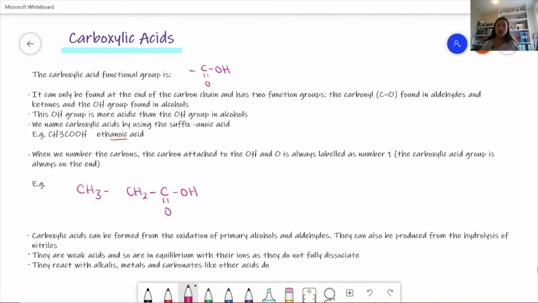If we change this to carbon and then a methyl and a hydrogen, how we would label this would be the carbon with the double bond O and the OH would be carbon number 1 by convention, and that is always number 1. So this would be number 2, number 3, and number 4. So we would name this 3-methyl, because the methyl group is on the third carbon, and because there are 4 carbons in the main chain, the longest chain, it's a butanoic acid.